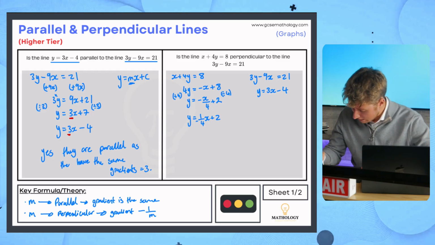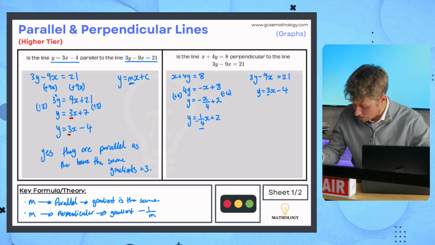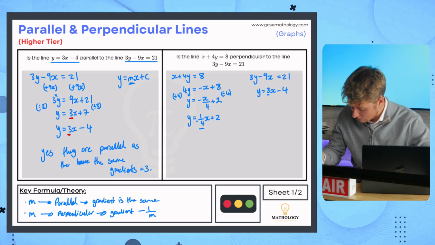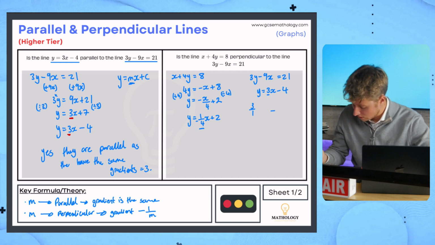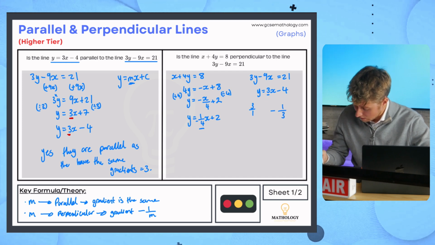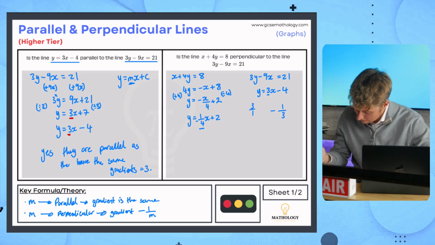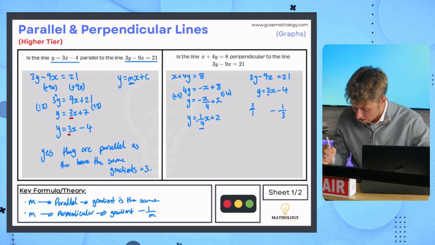Now we look to see if the gradients are the negative reciprocals of each other. So the negative reciprocal of 3 would be negative, and then 3 as a fraction is 3 over 1, so the reciprocal would be 1 over 3. And then we look to see if the other line has negative 1 over 3 as a gradient, and it doesn't.